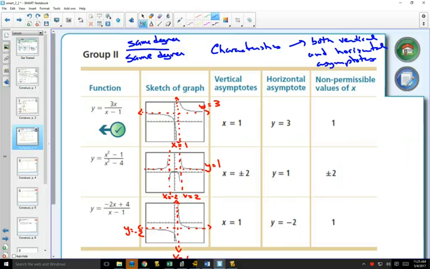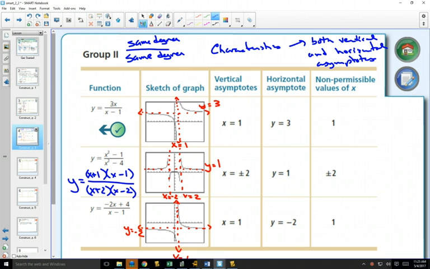So we're still going to check, is there anything I could factor? Because if there's something I could factor, maybe one of my factors cancels out. For example, in the second one here, can you see that the top is a difference of squares and the bottom is a difference of squares? So we could have x plus 1, x minus 1 over x plus 2, x minus 2.